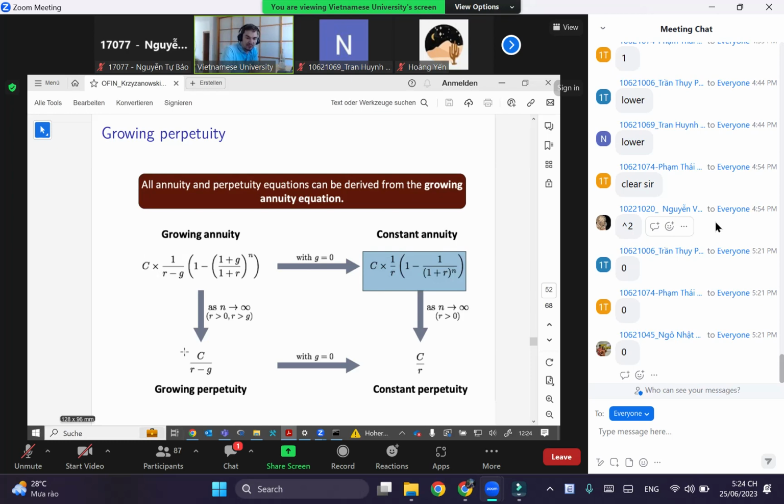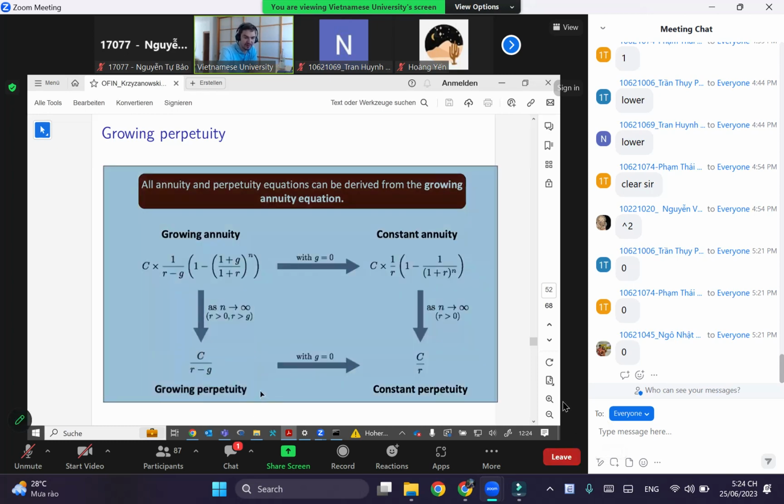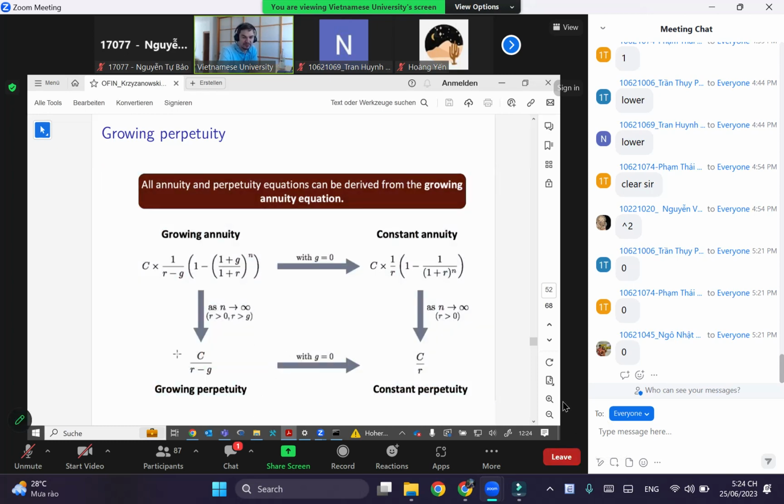Well, and now, what we did in the first place was show from the growing annuity the formula for a growing perpetuity. That was our formula for a growing perpetuity. What if we still have a perpetuity, but no growth rate, no G?